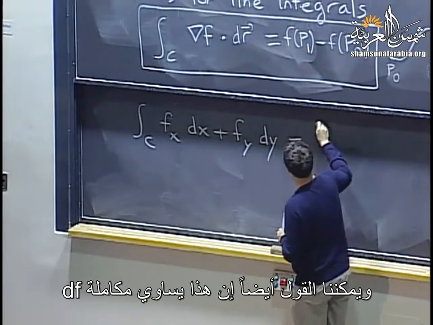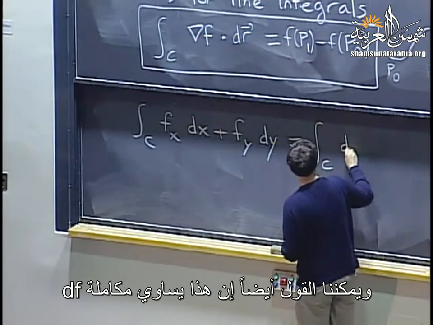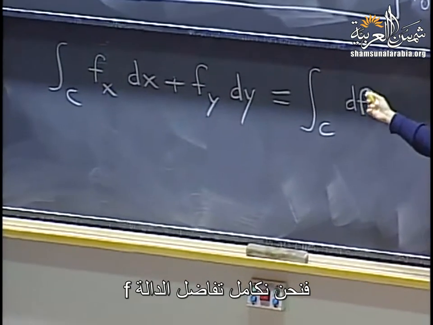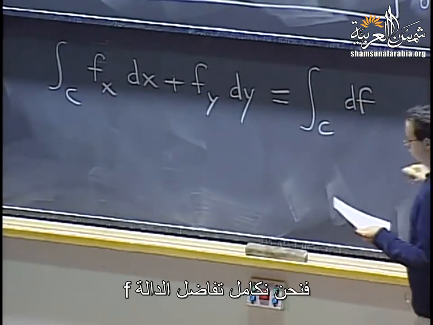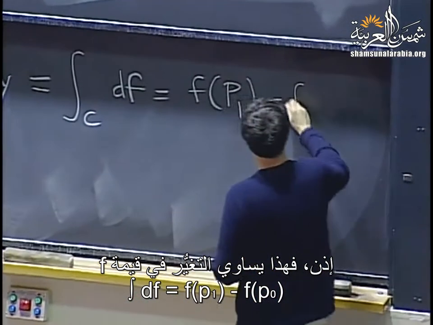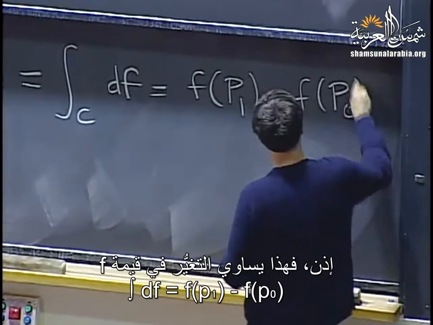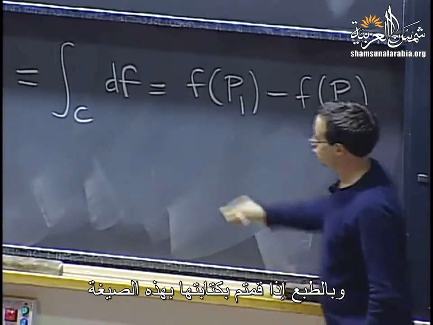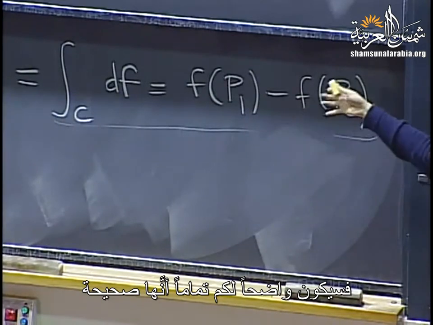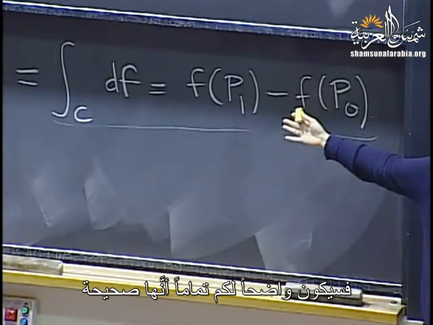Or if you prefer, that's the same thing as integrating df. So I'm integrating the differential of a function f. Well, then that's the change in f. And of course, if you write it in this form, then probably it's quite obvious to you that this should be true.